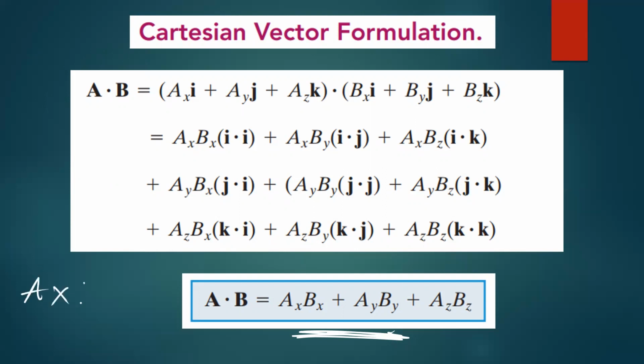Yes. A cross B is simply the magnitude of A times the magnitude of B, and on this side you put sine theta. For dot product, there is cos theta on this side, and for cross product, there is sine theta.